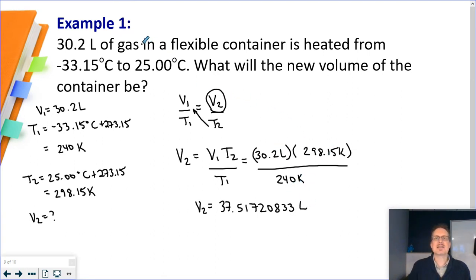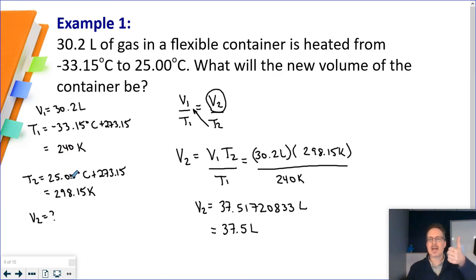I go back to the original question: 4 sig digs, 4 sig digs, 3 sig digs. So I look, this isn't going to have any effect. So my answer is going to be 37.5 liters. Now, ask yourself, does the number make sense? My temperature went from negative 33 degrees Celsius to 25.